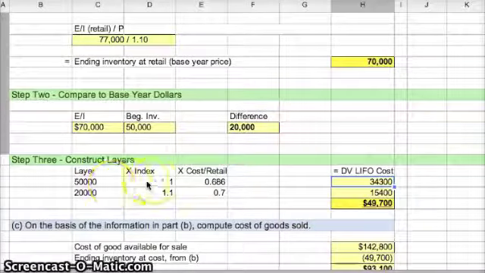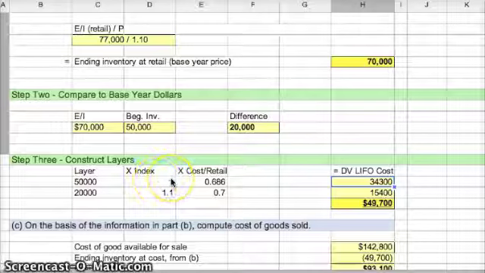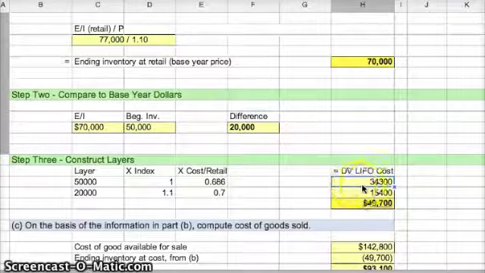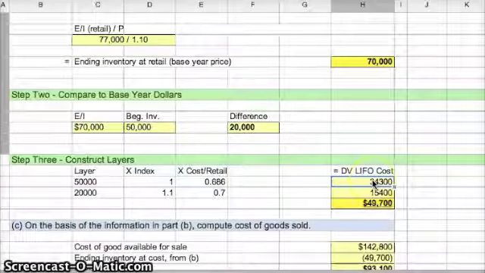Your first layer, 50,000 times an index of 1 times your cost to retail ratio, which is 68.6%, and you get that by taking the beginning cost divided by the beginning retail numbers, and that equals your dollar value LIFO cost.